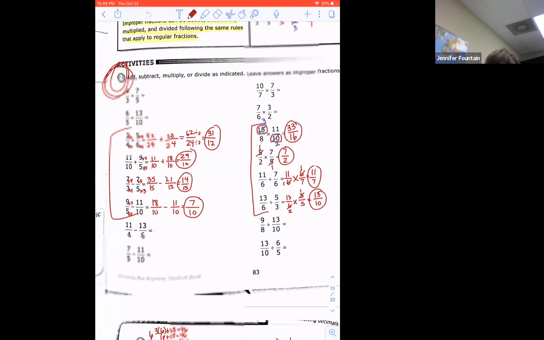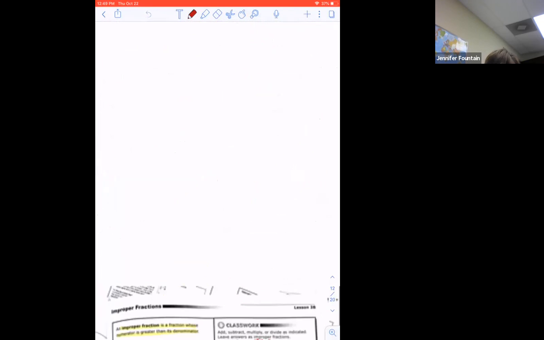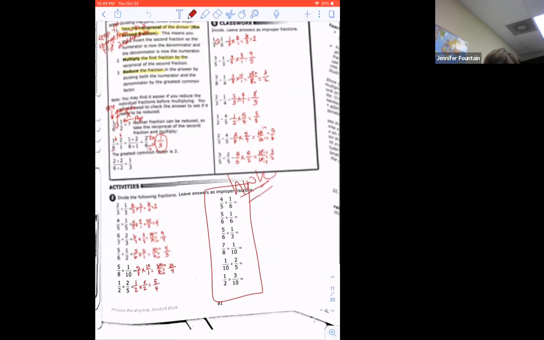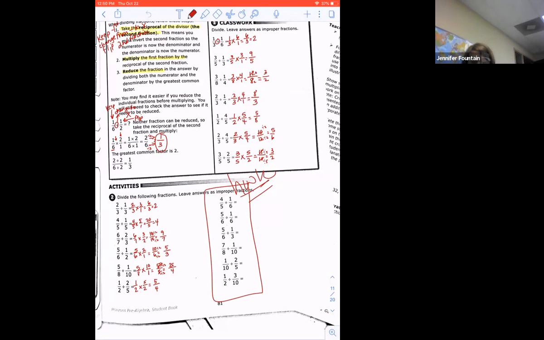All righty, so let's see. Do we have anything that we needed to finish? Okay, so it looks like page 81, was that our first page of homework? Okay, so on page 81, we had the right-hand column.